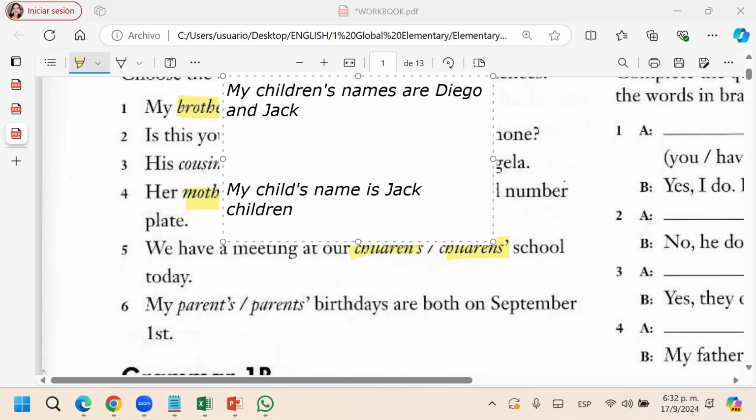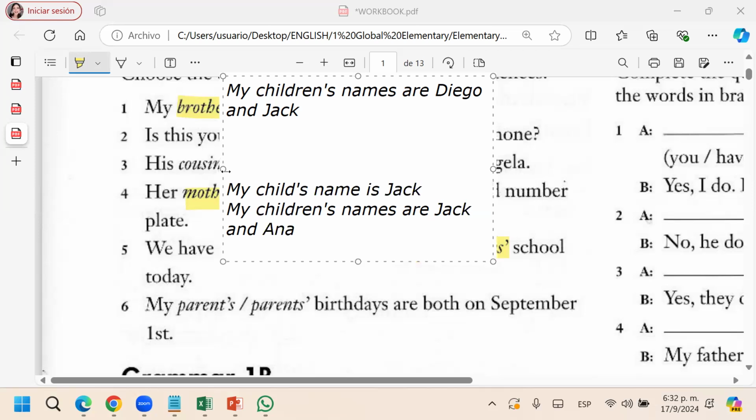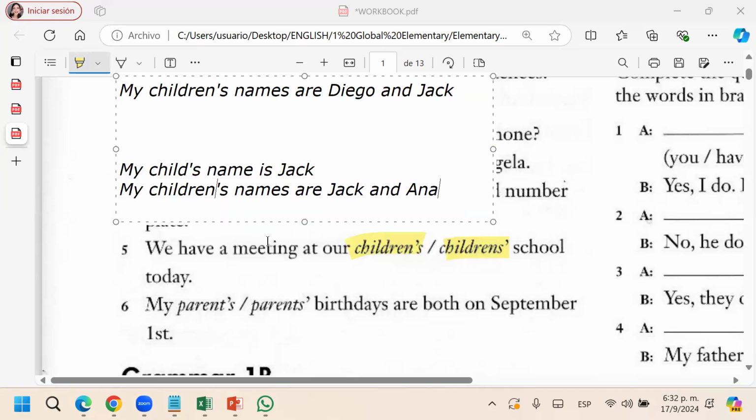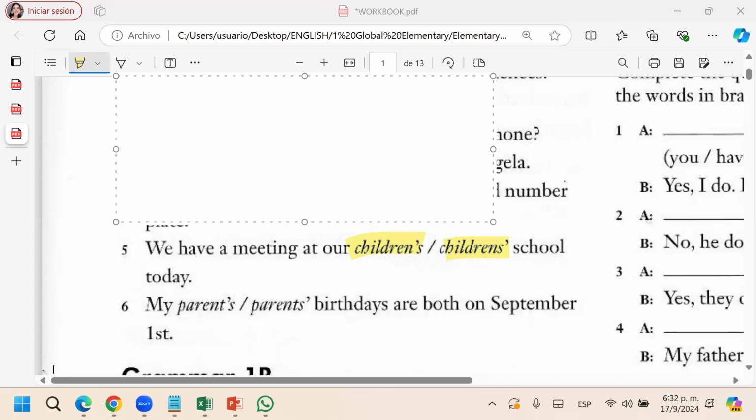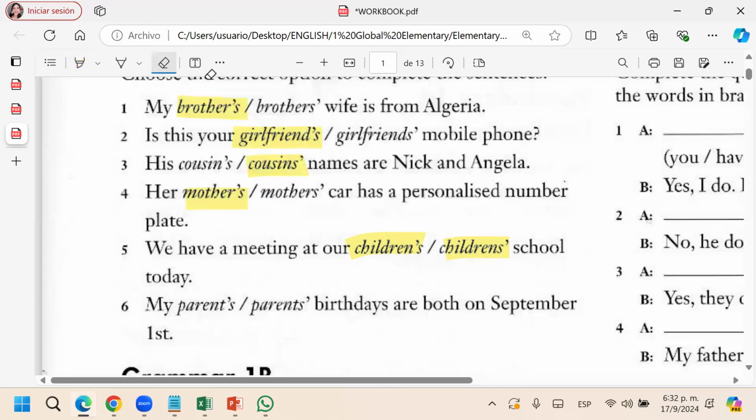If you have 2, 3, 4, or more, you say, my children's names are Jack and Anna. Children, like this, is plural, without the letter S. So in this case, it would be at our children's school.